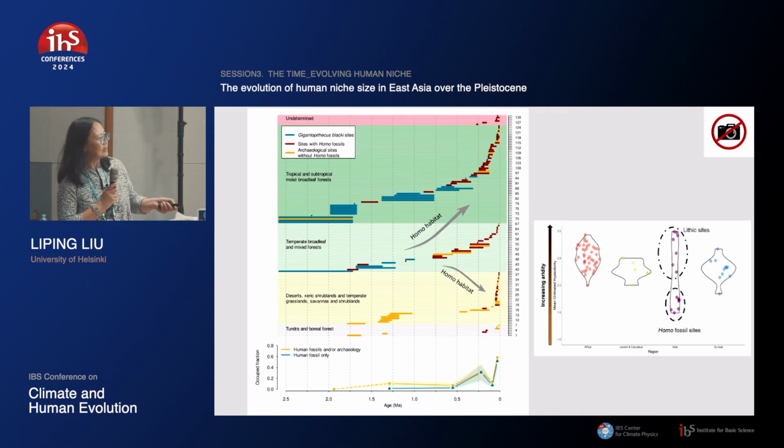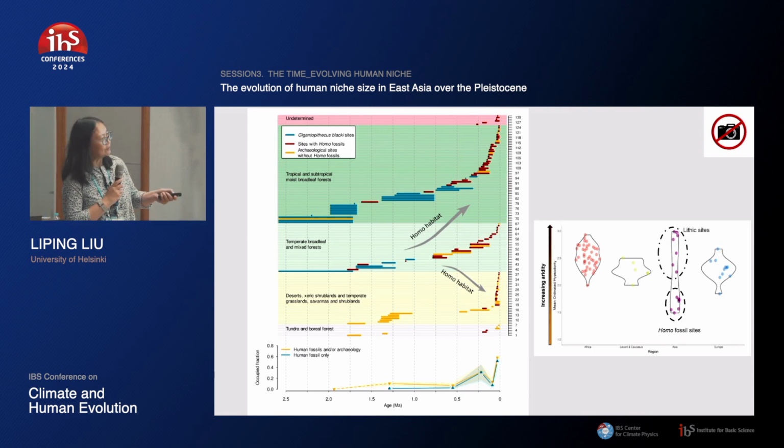So from this we see that early Homo seem to live in forest habitat, but of course they have more artifact sites. That means early Homo had a larger activity range than their living range.